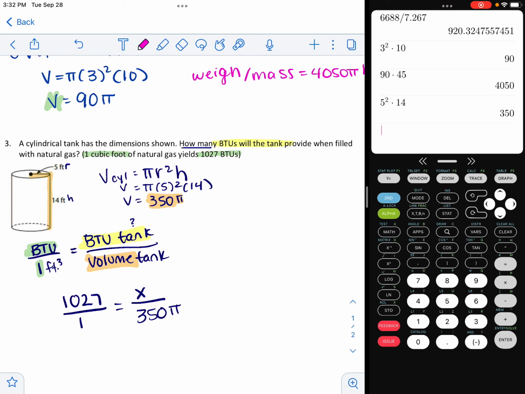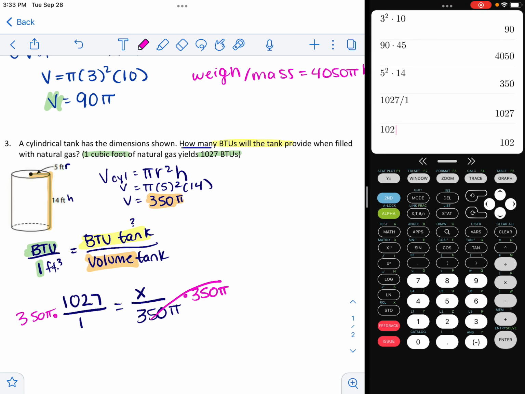So to cancel that out, I'm going to multiply both sides by 350 pi. Those cancel. Remember, anything over 1 is just the number. So the fact that this 1 is here doesn't really matter that much because it's a 1. If it helps you, in your calculator, you can do 1027 divided by 1, get 1027.